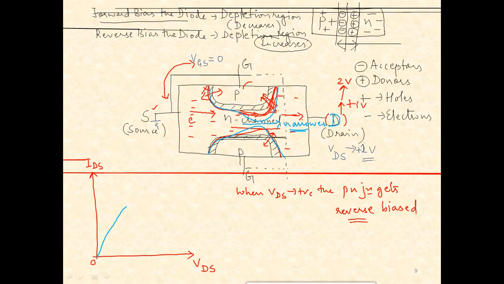However, parallelly the width of the channel is getting narrower and narrower. That means this channel is offering a resistance to the flow of electrons from source to the drain. Okay, and this resistance is being offered due to the gate voltage.